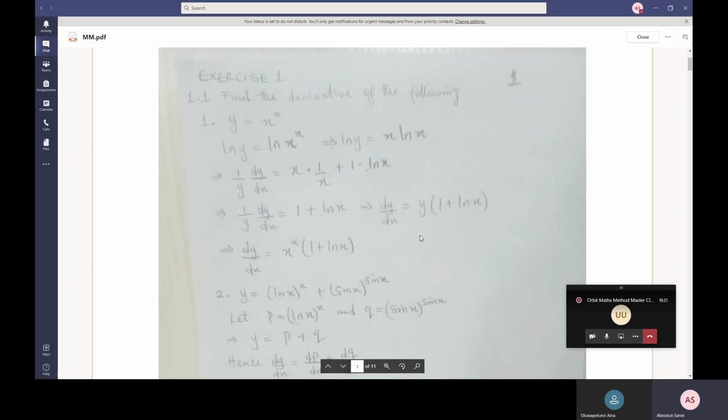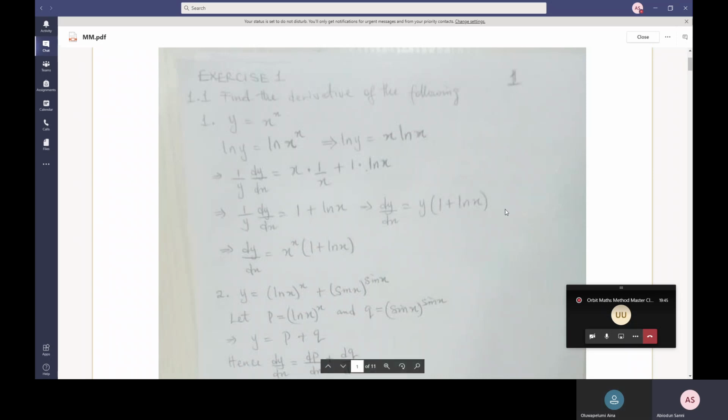Literally, in your exam, you are going to find your results in this format. If it's an objective, they will most likely leave it in this format, but you are not supposed to have it in this form. Why? Because I'm differentiating with respect to x, so I'm not supposed to have anything that is y here at all.